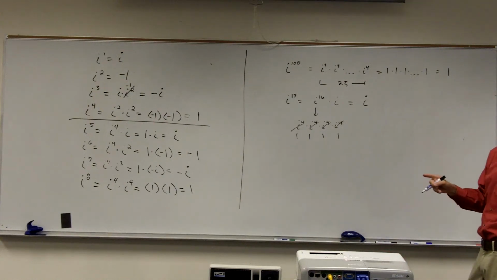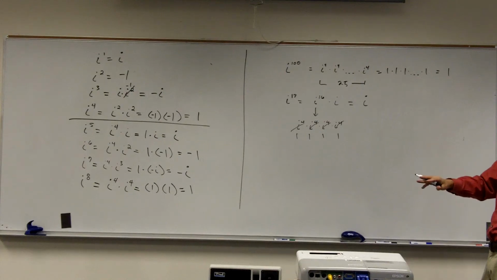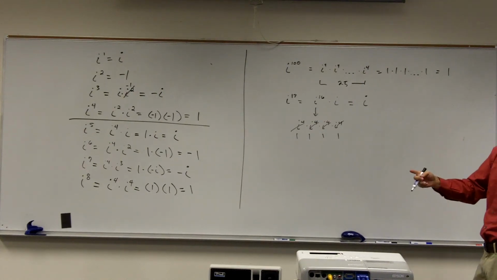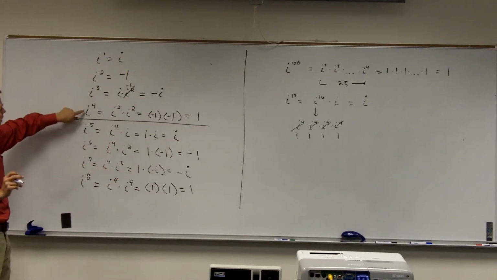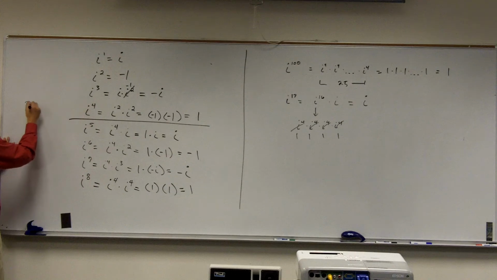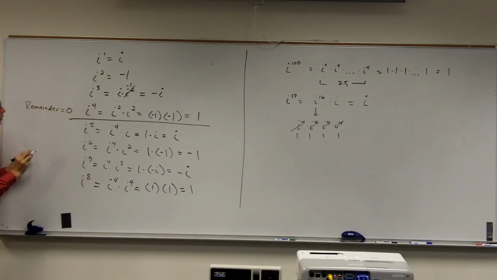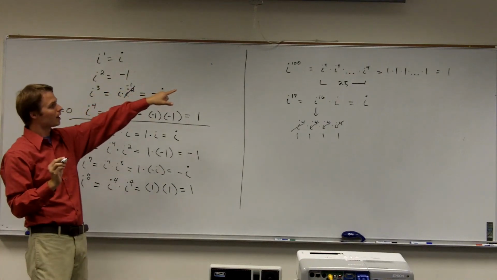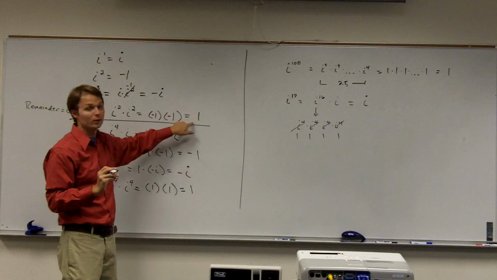There's actually an easier way to think about it. If you just take what the exponent is divided by 4 and then look at the remainder. For example, if I divide 4 by 4, I'll get a remainder of 0. So anytime that you take that exponent divided by 4 and get a remainder of 0, it'll always be 1.